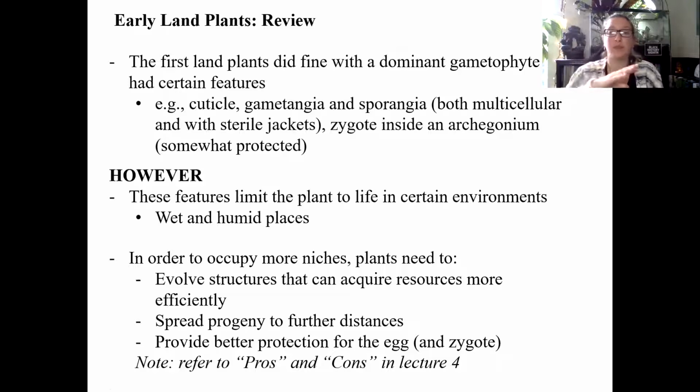And this is similar to what I was just talking about with the zygote floating in water. If you're a zygote, you're an offspring, right? And if you're floating in water, you can travel in the water. You can just float away, go somewhere else. But once you're on land, you can't just float away anymore. So you have to have other ways that are going to be better at spreading your offspring out further distances.